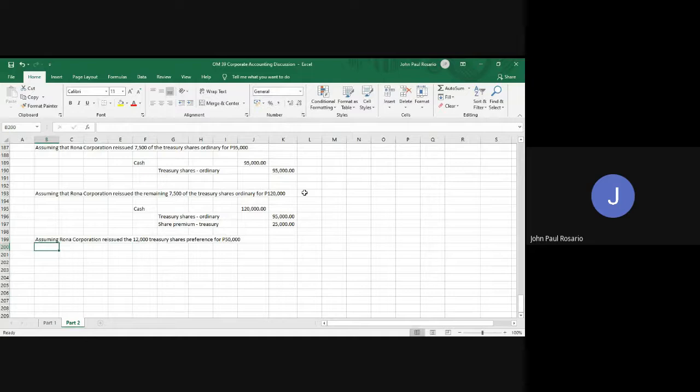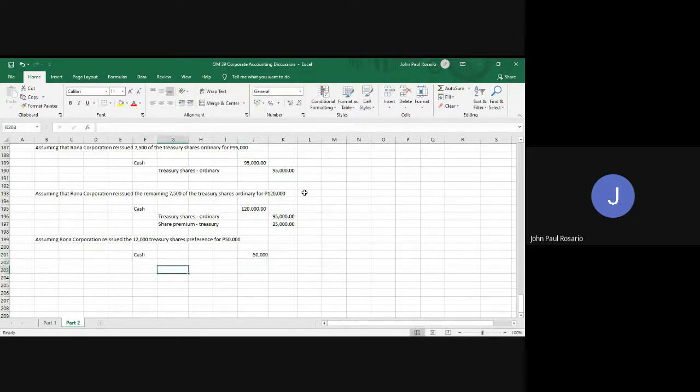Okay. So, assuming Rona Corporation will issue the 12,000 treasury shares preference for 30,000 pesos, we receive cash of 30,000.